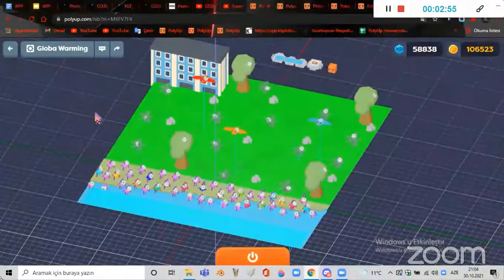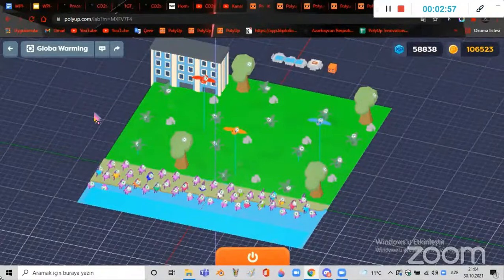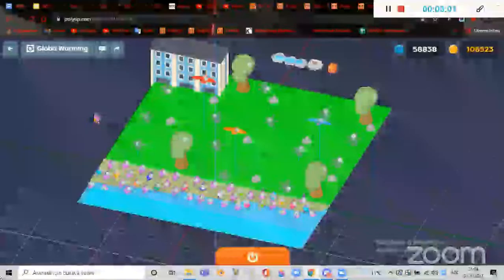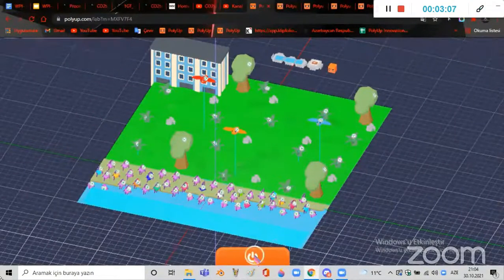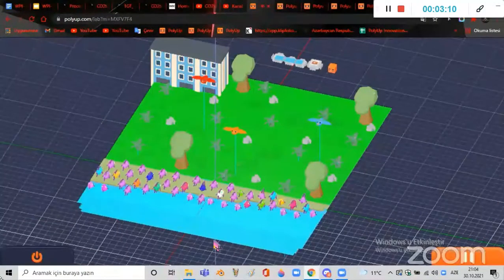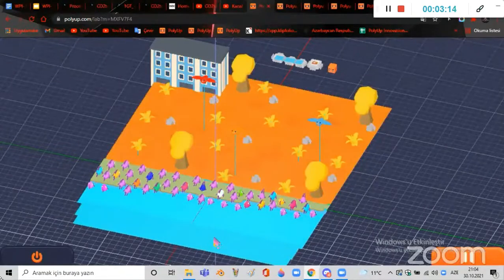As you can see, sea levels are blue. Now all sides are green, plants and animals are healthy. Let's start the machine. You can see sea levels are falling. Then there is global warming and the fish die.